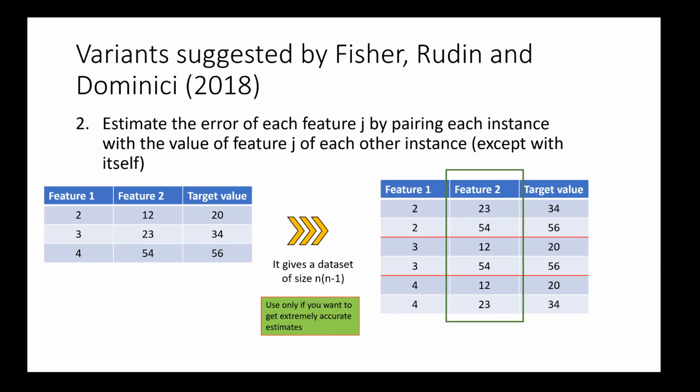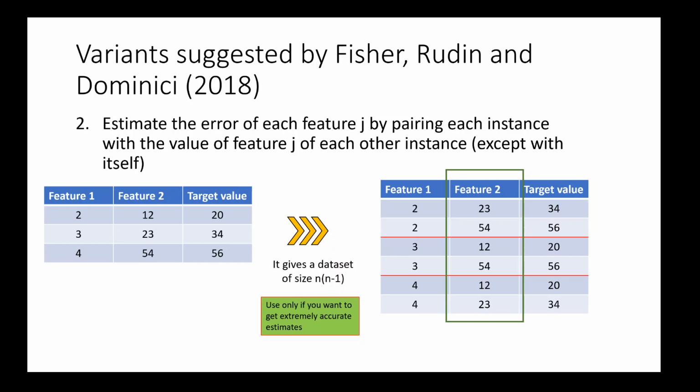The second alternative, which gives a more accurate estimate, consists of estimating the error of permuting feature J by pairing each instance with the value of feature J of each other instance, except with itself. This gives you a dataset of size n times n minus 1 to estimate the permutation error, but it might take a large amount of computation time.